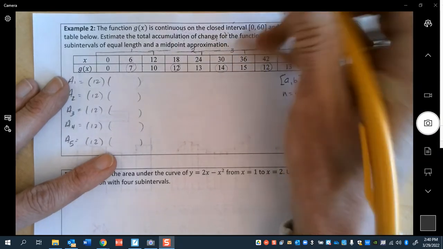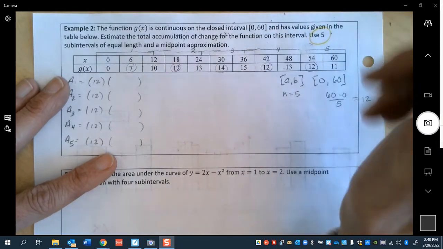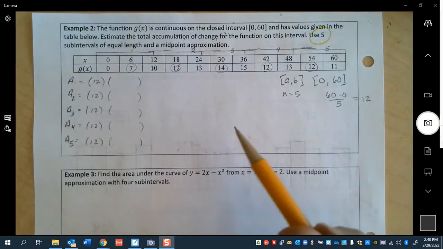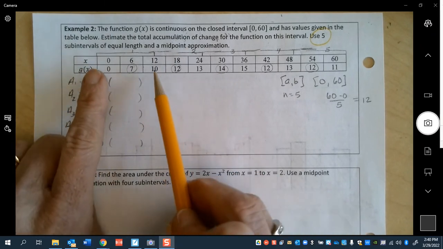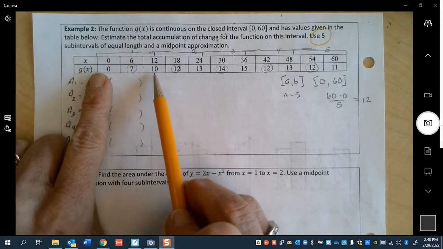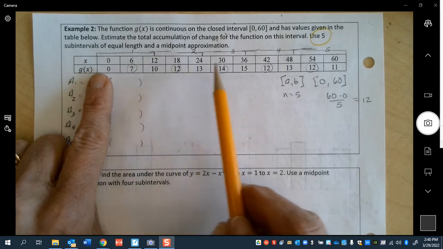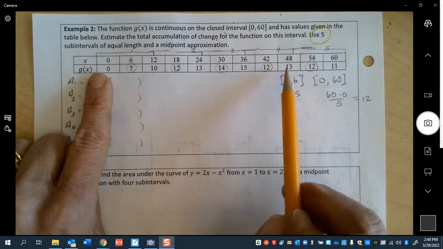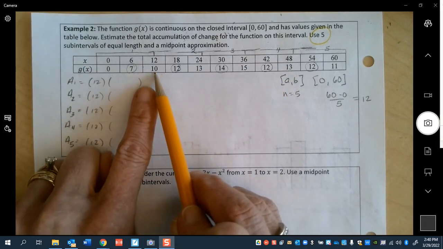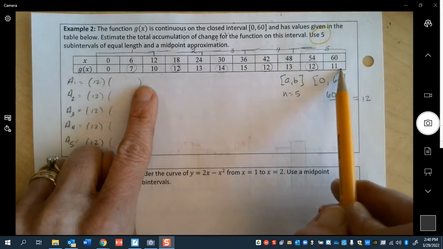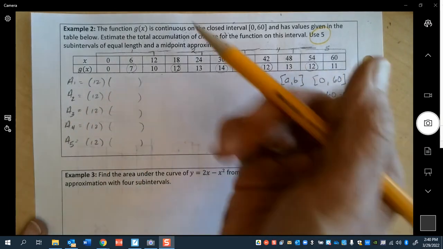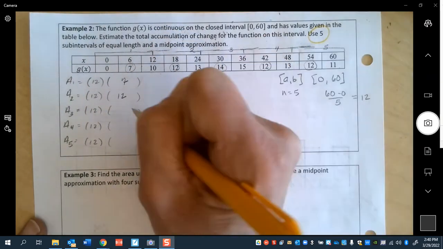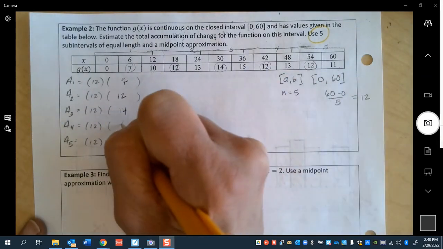So if that was confusing to you, how I got those midpoints, maybe that makes it a little easier. If I was doing left-hand sums, I would be doing the lower of all of them, 0, 10, 13, 15, and 13. If I was doing right-hand sums, I would do the upper bound, 10, 13, 15, 13, and 11. Because I'm doing the midpoints, I'm going to multiply by the output of the point that's in the center of my rectangle width.